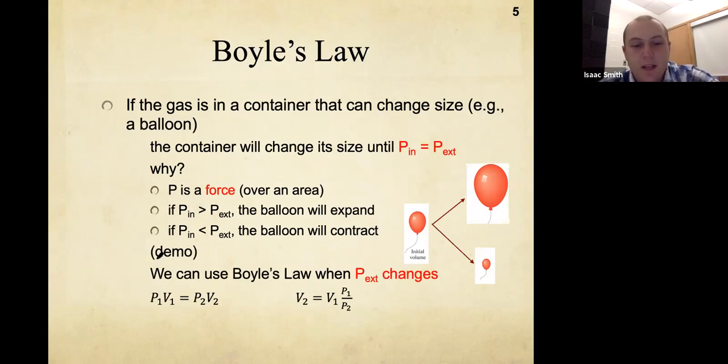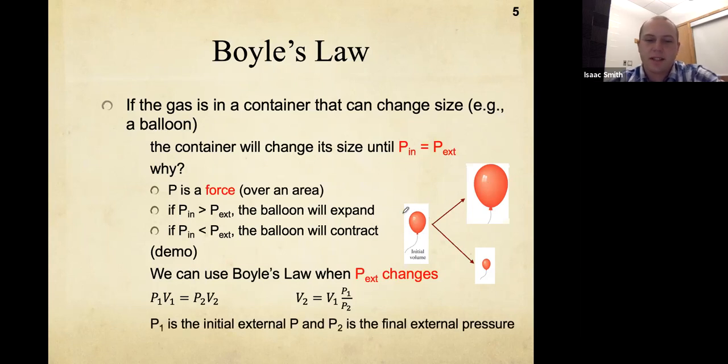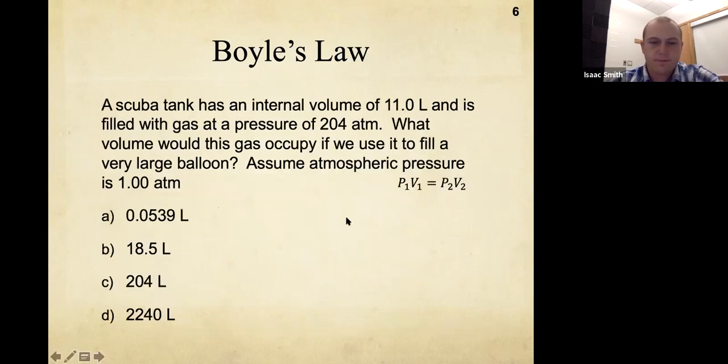Fortunately, I don't have the demo. Okay, and so this is an example of when we would use Boyle's law. Temperature isn't really changing, number of moles isn't changing if it's sealed, but depending on the pressure on the outside versus the inside of the balloon, it can get bigger and smaller.